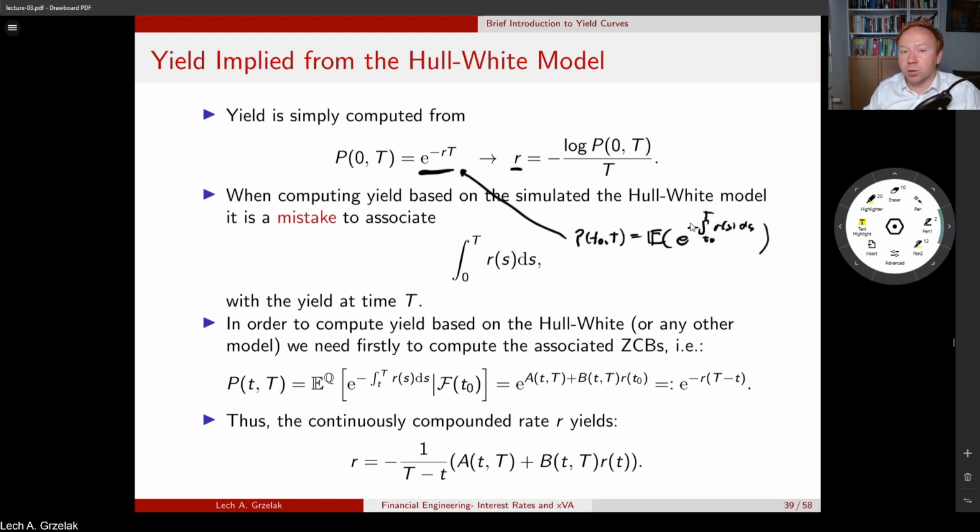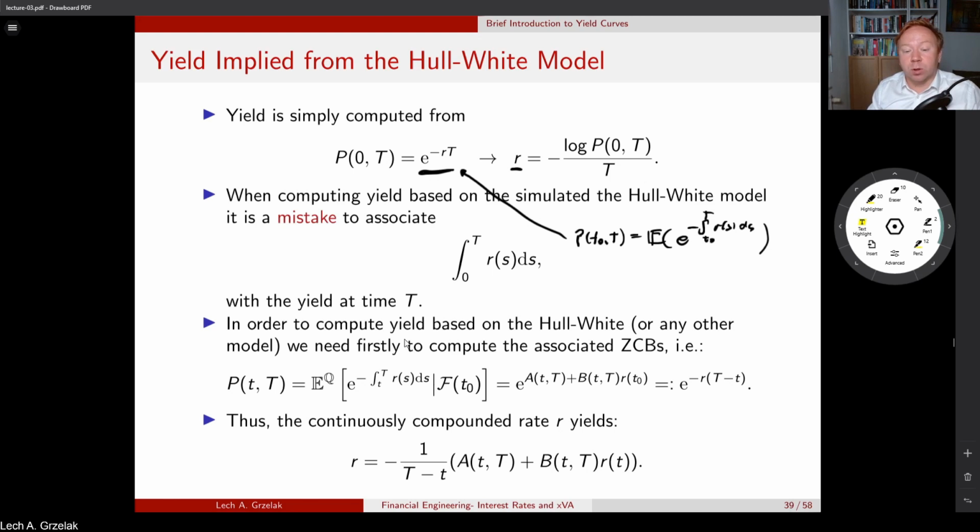If somebody considers the Hull-White model and talks about yield, never dare to take the expectation inside the integral, because the expectation of e to the power of an integral is not the same as the exponent of an expectation. So please be careful. If we talk about yield, it's always associated with this term, which is just the integral of the short rate. So this is something different.